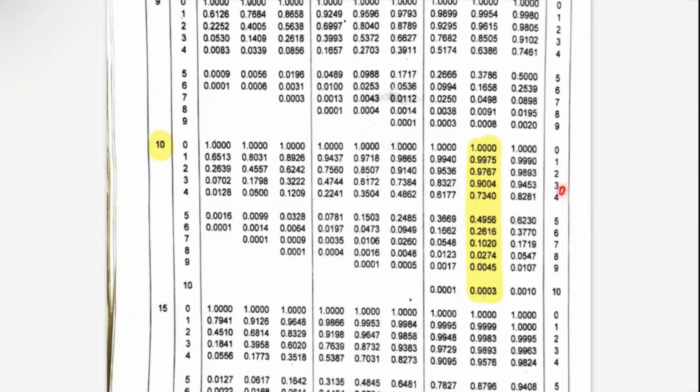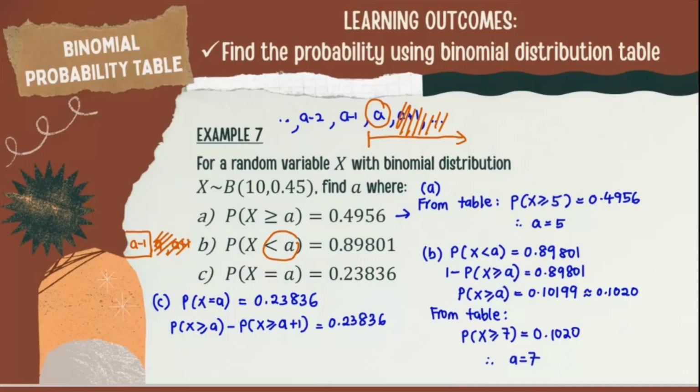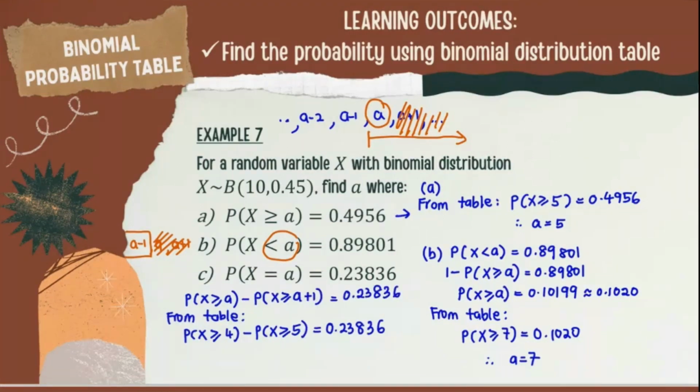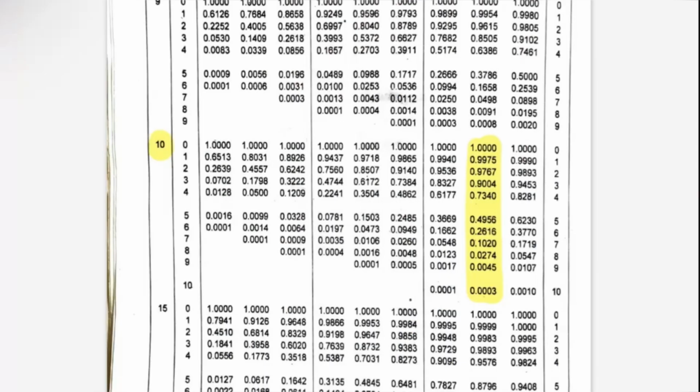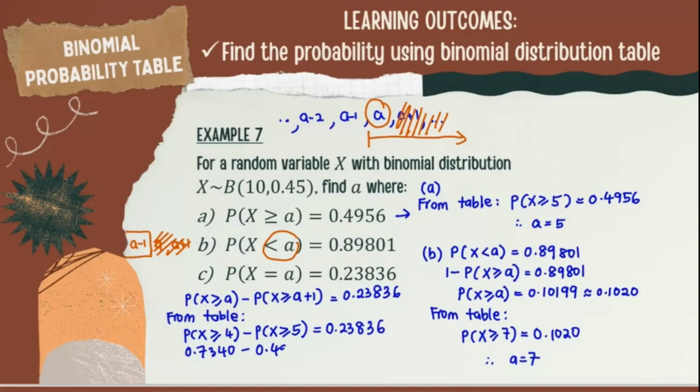So tengok dekat sini nombor apa? 4, sini nombor 5. So kat sini kita akan guna from table. P of X greater than or equals to 4 minus P of X greater than or equals to 5 is equals to 0.2384.